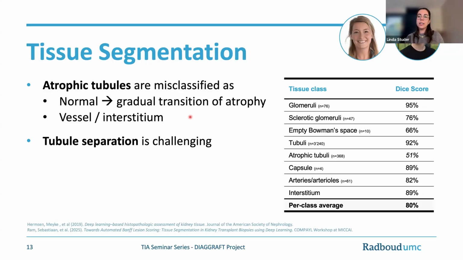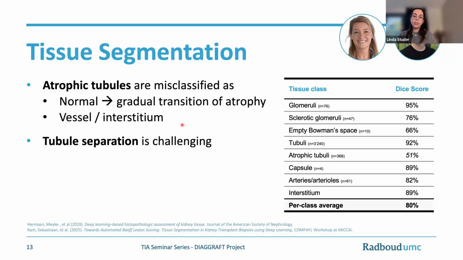There's not really a clear definition of the cutoff between normal and atrophic, since it's a continuous process. So it makes sense that the network is having a harder time with this. They are sometimes also just misclassified as vessels or interstitium, that's the space in between.